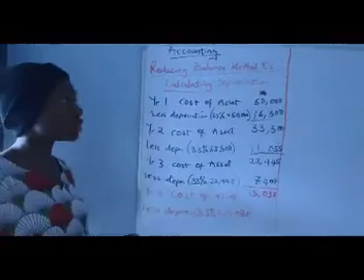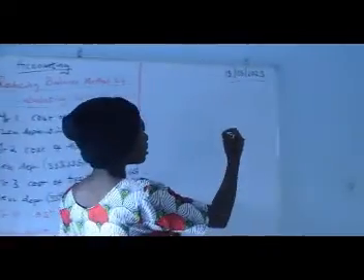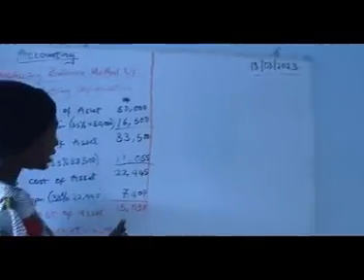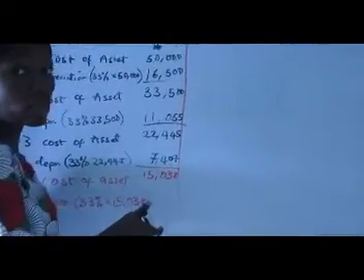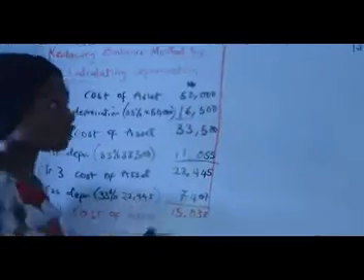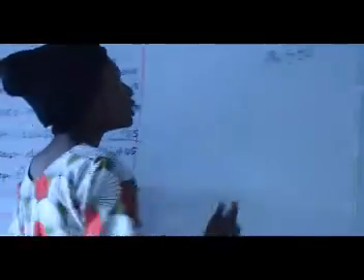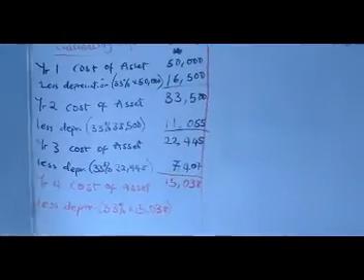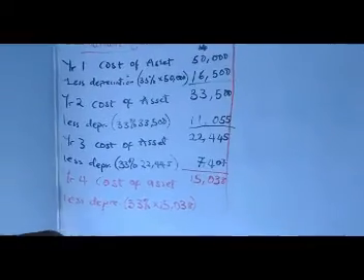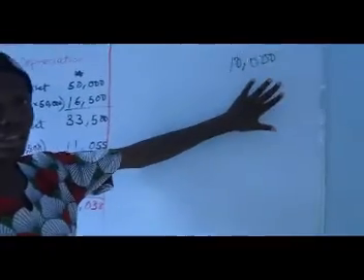approximation. Okay, I'm going to show you. Now we have that our scrap value at the end of this accounting period, at the end of the asset useful life, is 10,000 naira, right? So that means we must charge depreciation such that our scrap value must be 10,000 naira.